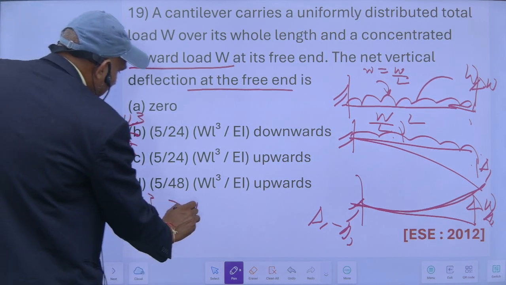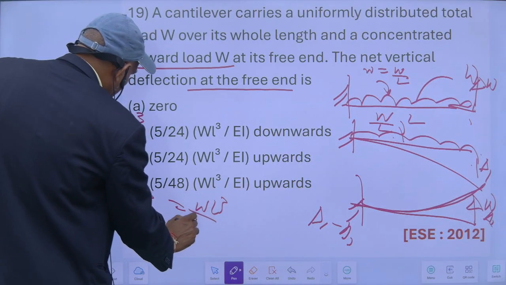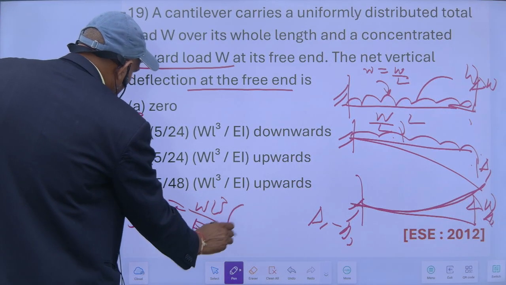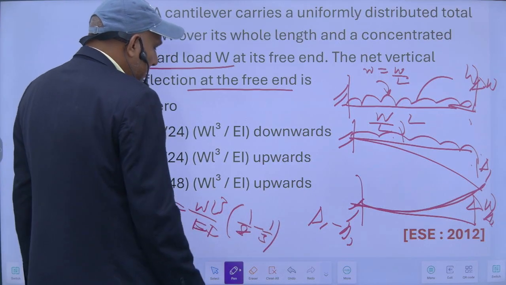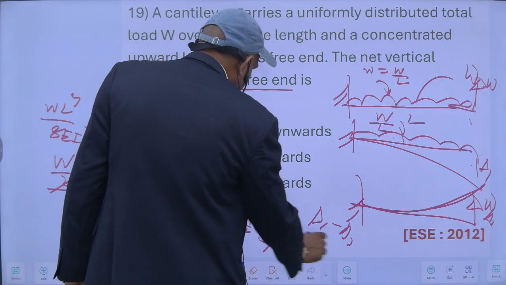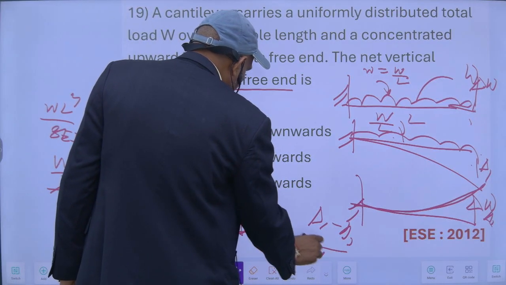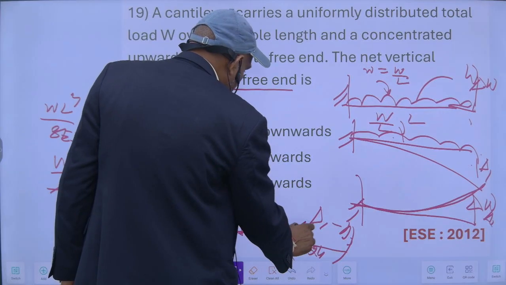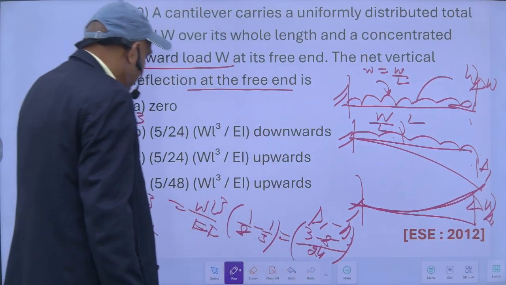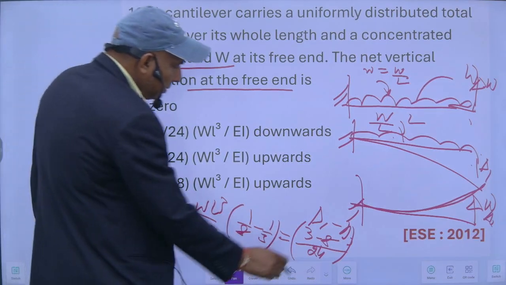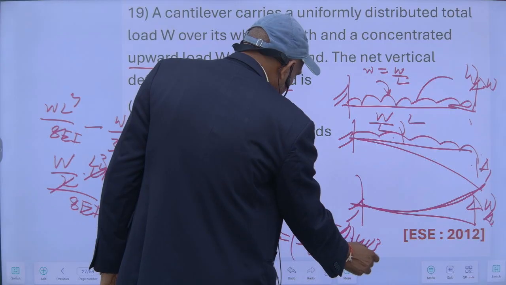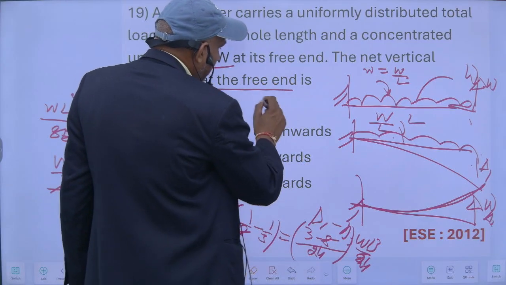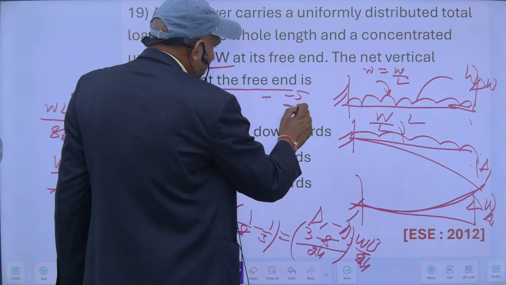So WL cube upon EI I can take common. It will be 1 upon 8 minus 1 upon 3, means this will be minus 5 upon 24.